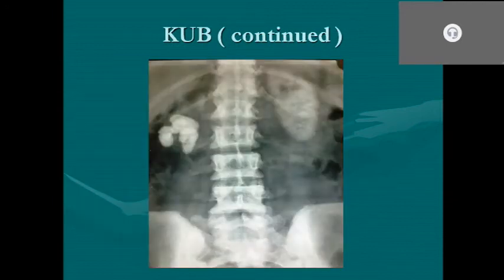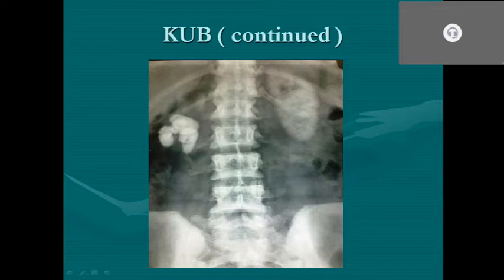So the most important thing when you qualify an X-ray as KUB is that you can see the psoas shadows. Psoas muscle shadows should be visible. As you can see faintly here, because of underlying bowel gas it is not very clear, but you can see this line which is going like this. These are the psoas shadows. Psoas shadows are a very basic prerequisite to qualify the X-ray as X-ray KUB.